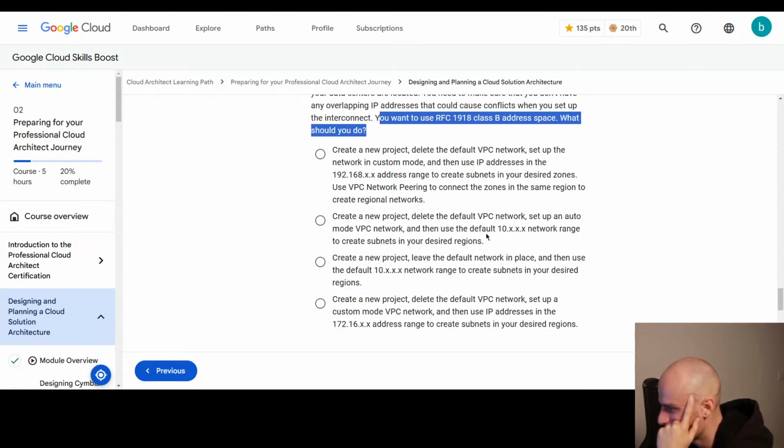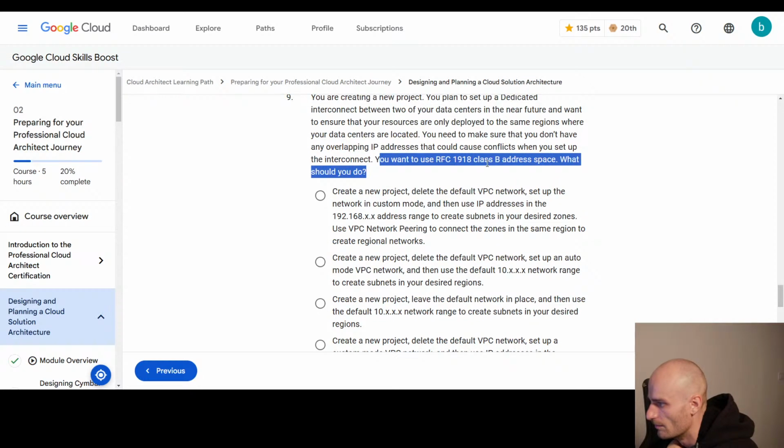Or use the default network range for subnets, and use the IP addresses in there to create subnets in your desired region. And then the first option also uses VPC network peering to connect zones in the same region.